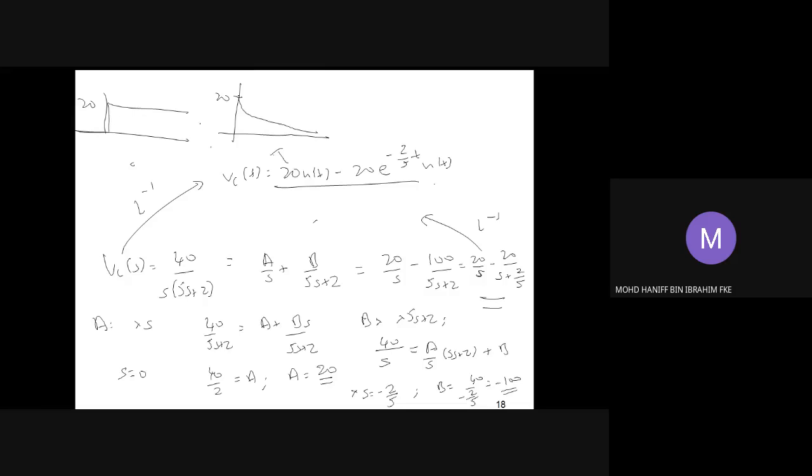When we subtract the two, 20 UT minus 20 exponential negative 2 over 5t UT, the answer will simply be a rising exponential, which will look like this. So that should be 20. That should be the graph of VCT, and that should be the answer for question number 5.